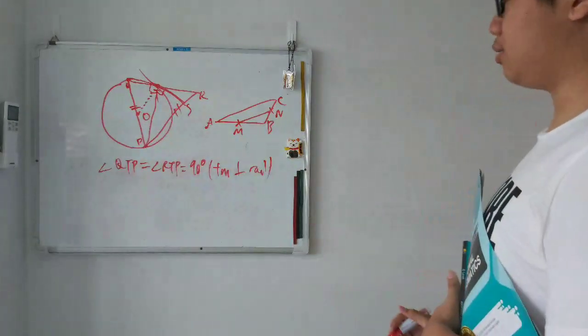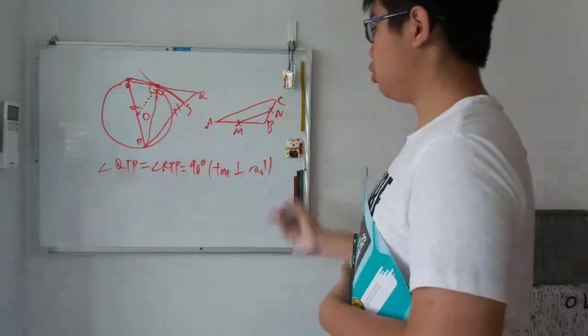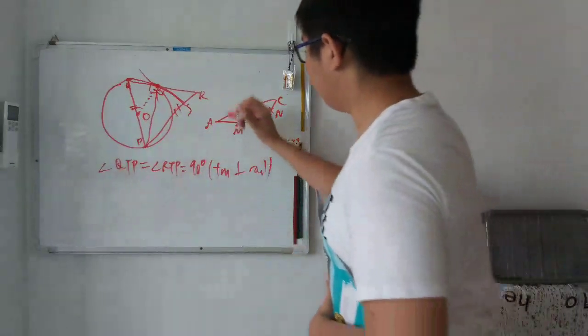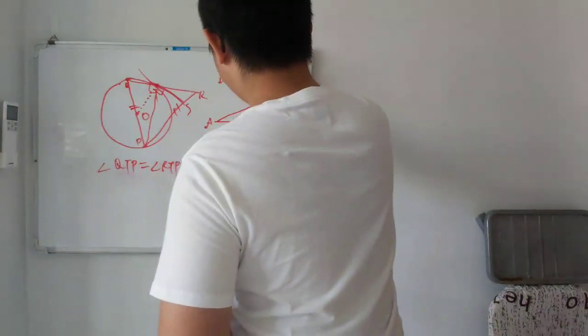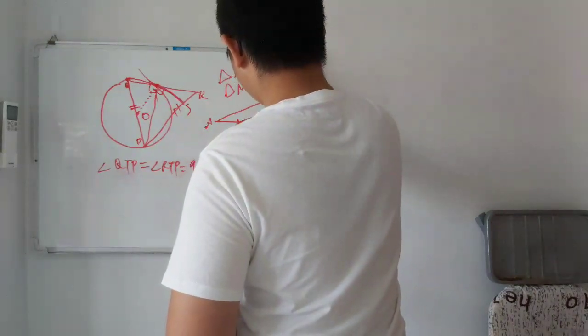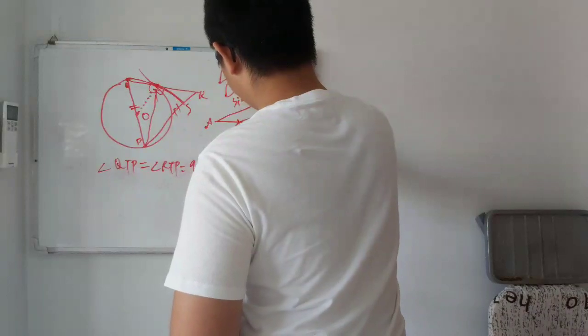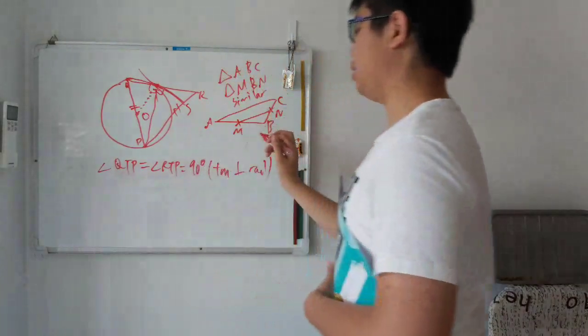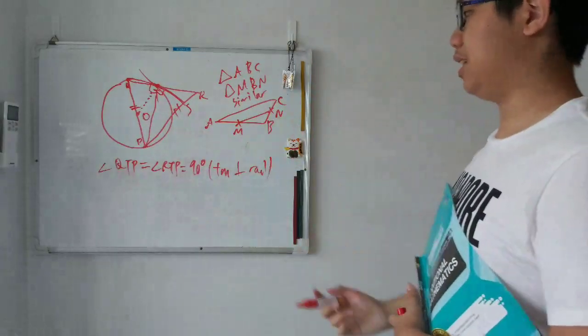So since we have two sides with similar ratios and the common angle, we can say that triangle ABC and triangle MBN are similar. I won't write the reason, but there's one common angle, ratios of the sides are the same.